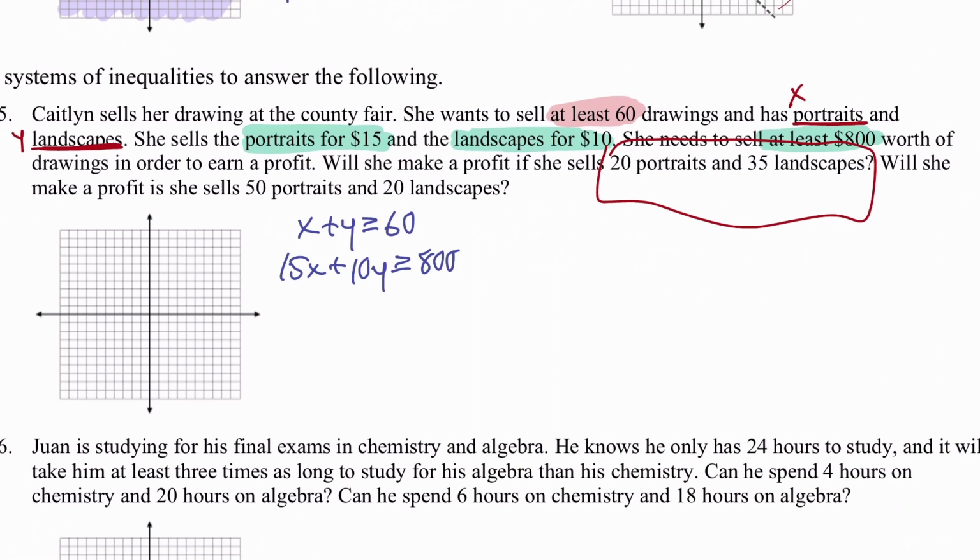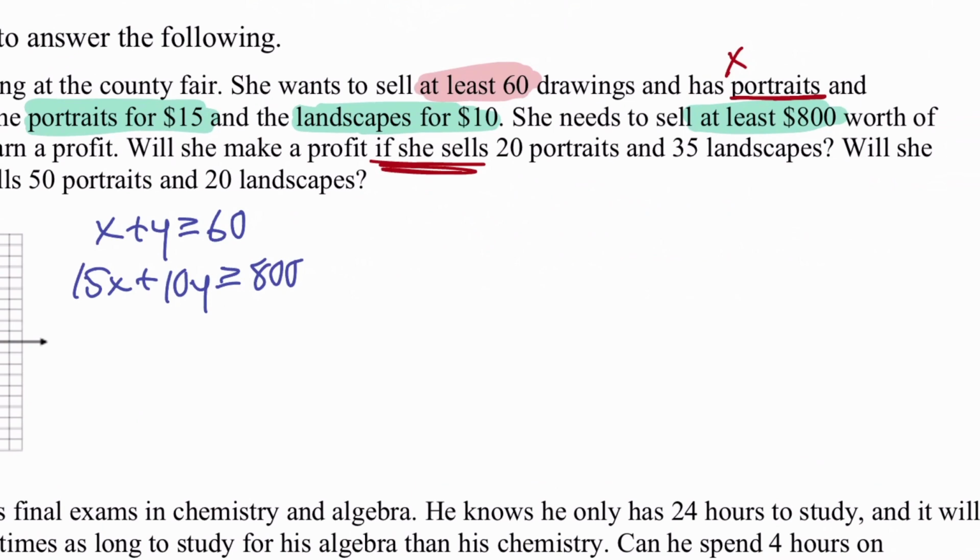Okay, well, if we put 20 and 35 into this inequality, do we get at least 800 is what that's saying. So for this question, we're going to plug 20 and 35 into that second inequality. So 15 times 20, because that's 20 portraits, plus 10 times 35 landscapes.